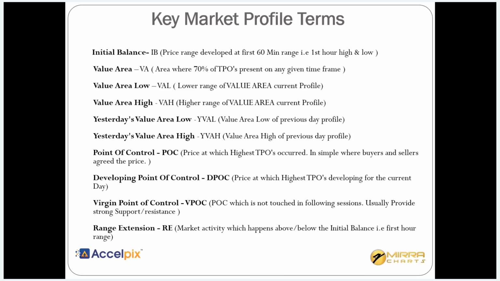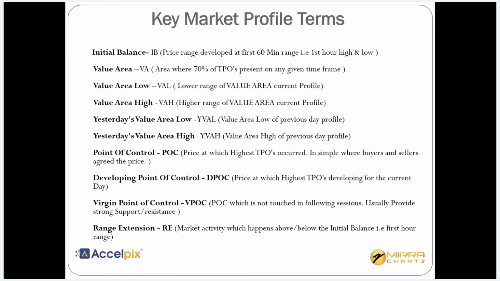Then the point of control is where the highest transactions happened on that day. In simple terms, it is the price of that day where buyers and sellers did the highest transactions. Price had spent most of its time at that particular price, which is called the point of control.